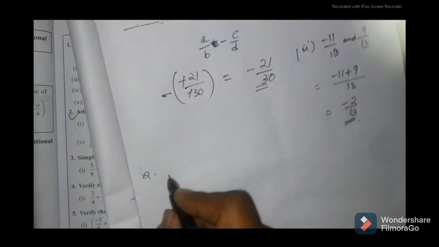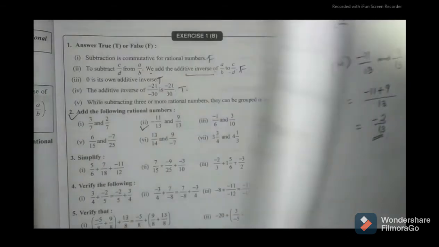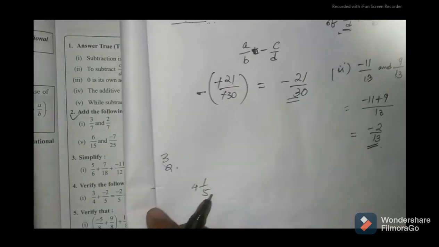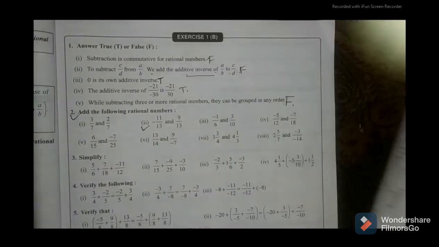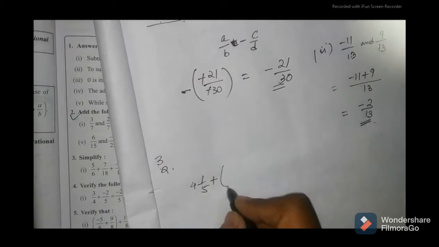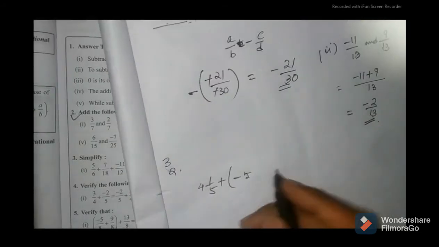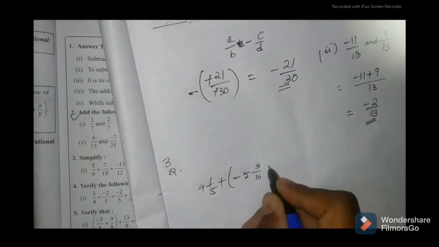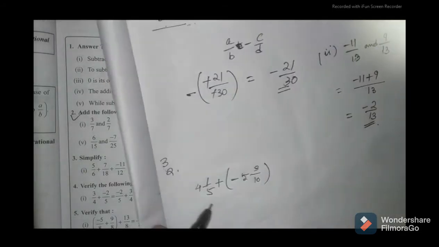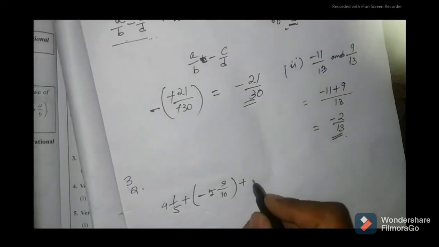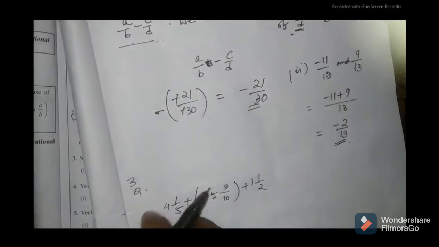Question number 4 is 3 4 by 5, 4 1 by 5 plus minus 5 3 by 10 plus 1 by 2.